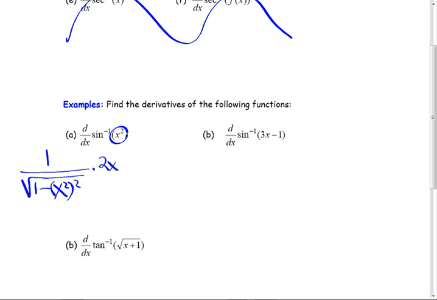Your outside function is your inverse, and your inside function is x squared. You multiply them. Doesn't matter. Okay, how about the next one?